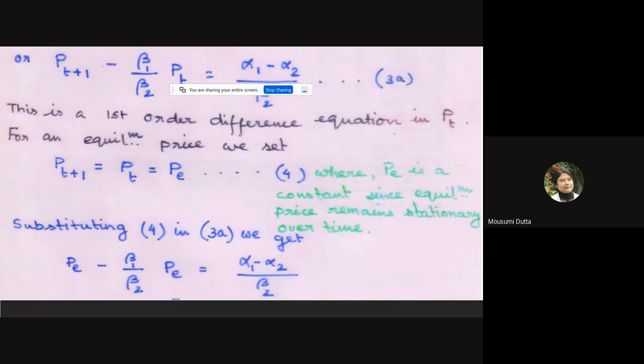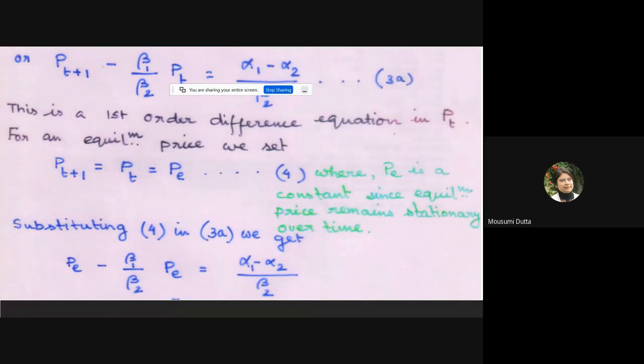First, I'll find out the intertemporal equilibrium price, which is also equivalent to the PI, particular integral. Last day we found that. For an equilibrium price, we set PT plus 1 equal to PT equal to PE.